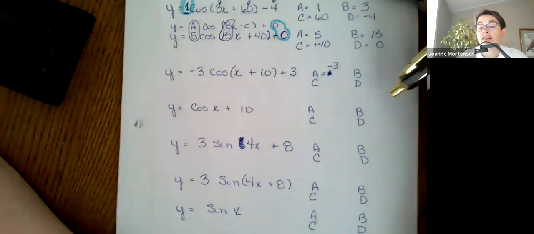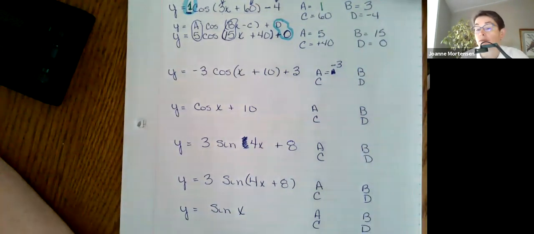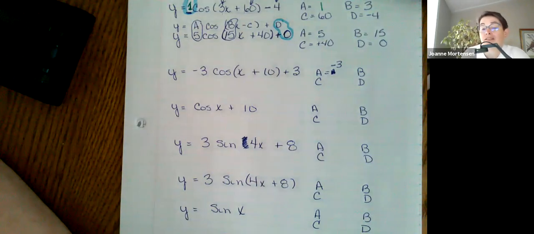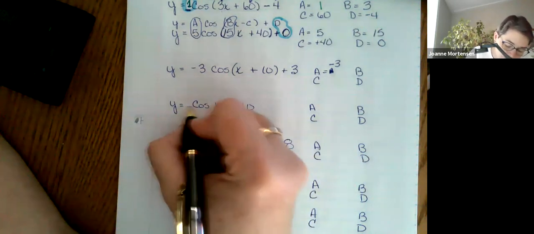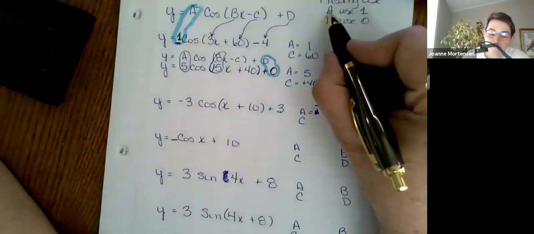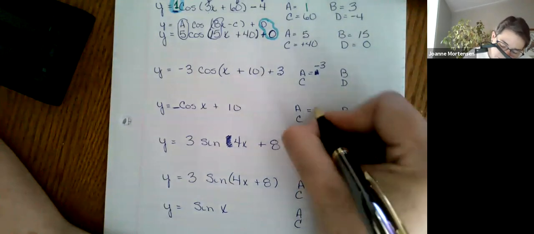I think, for me personally, it's more effective because I got a bunch of these to do. Let's do all the A's at once, and then we'll go through and do the B's. It works for me because then I'm looking at one thing at a time. So when I look at the beginning of this, there's no number there. So if we look on our list, if A is missing, use 1. So A equals 1.